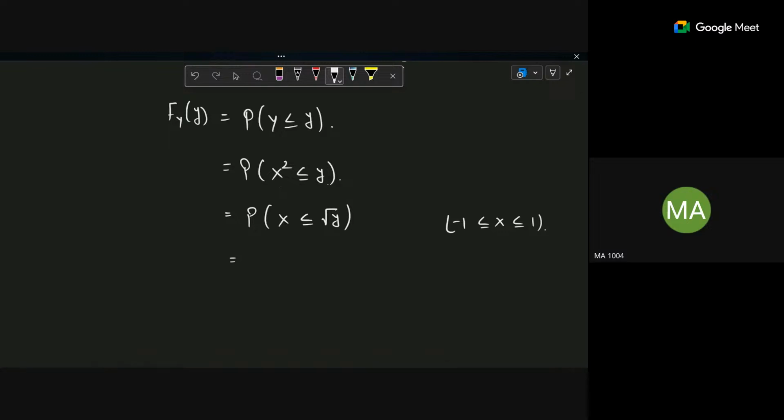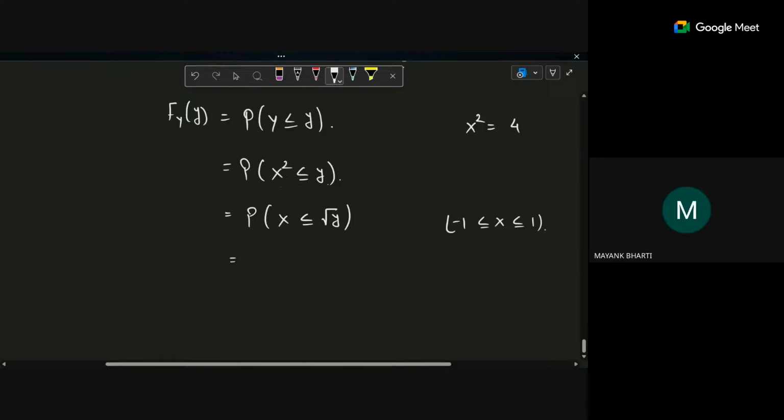Any idea? May I write it as minus y to plus y, or minus square root y to plus square root of y? Because if x square is equal to y, let me give you an example with numbers. X square is equal to 4. What are the values of x?